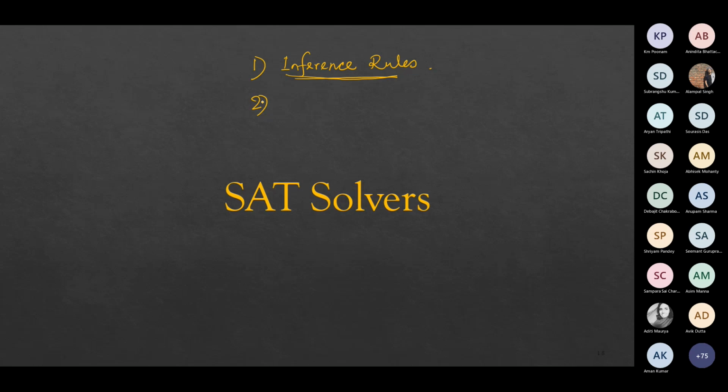The second approach we'll be taking is whether we can map the SAT problem to a search problem. So this will be our next exploration. And the third exploration will be to combine inference with search. So these are the three things we'll be doing.